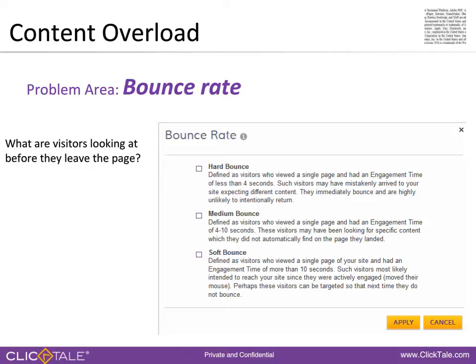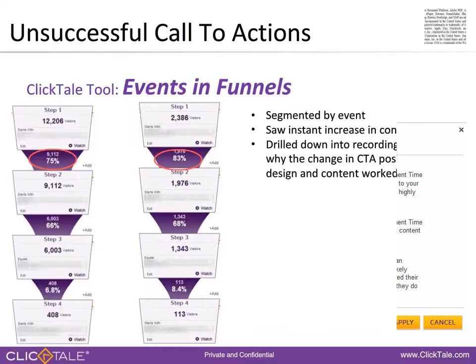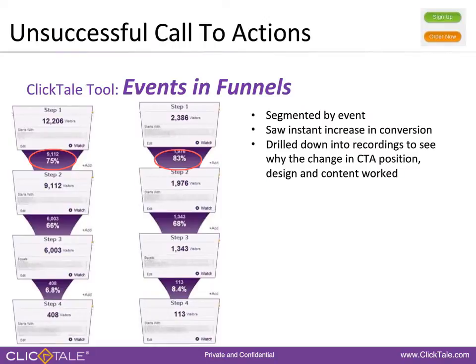Okay, someone asked me to review the events in the funnels again. Just so you can understand, there are different ways of segmenting different funnels. You can segment by new versus returning visitors. You can segment by different browsers that people might be using.